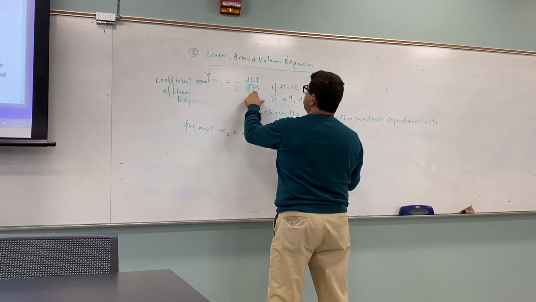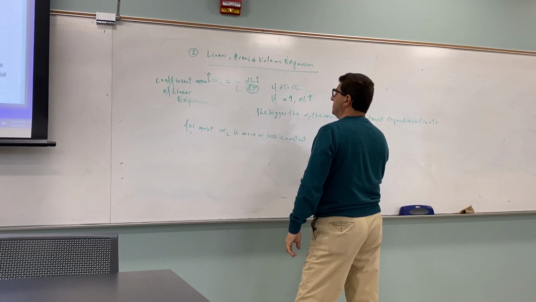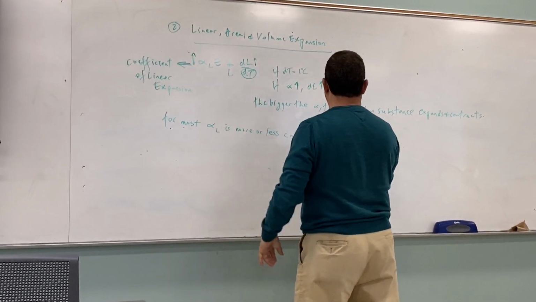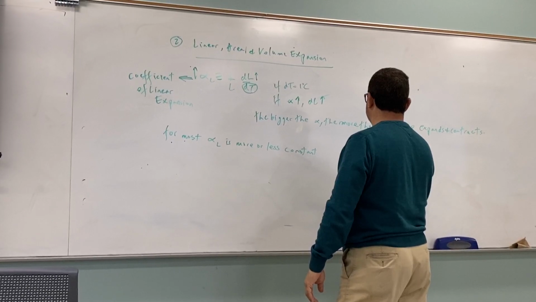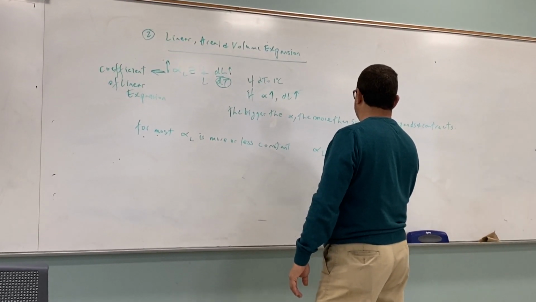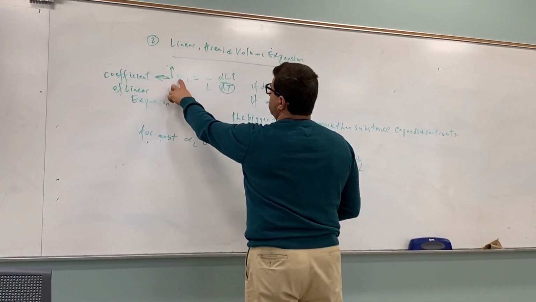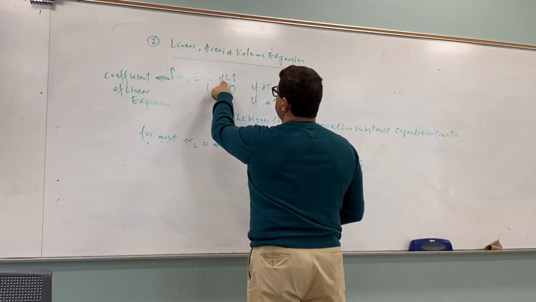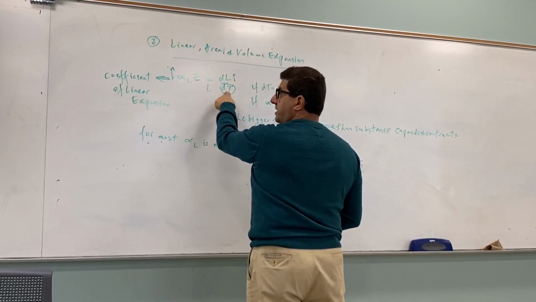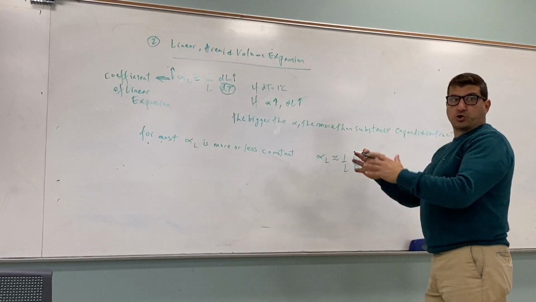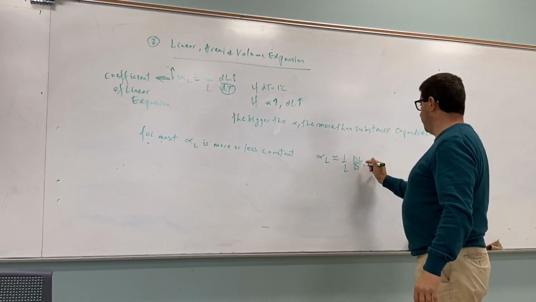I can take this dt over to the other side. I can say, without even taking it to the other side, alpha L is approximately equal to 1 over L delta L over delta T, right? So when this thing is constant, the instantaneous rate of change of L with respect to T is the same thing as the change over a big length over dt.